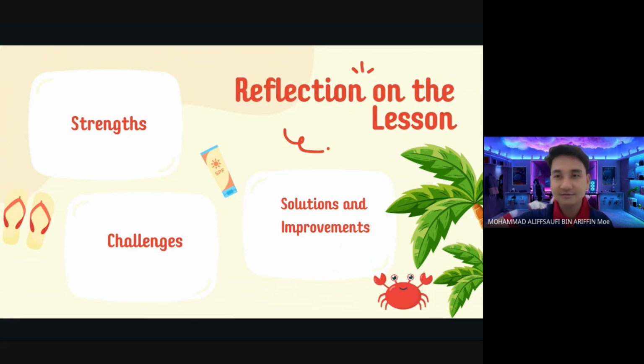The variety of activities ensured they remained focused and motivated throughout the lesson, because this class is a lower class, from Standard 2, so we need more fun learning activities to get their attention.